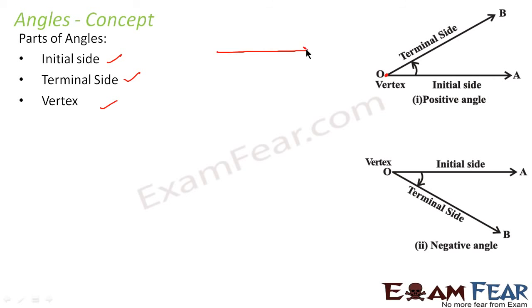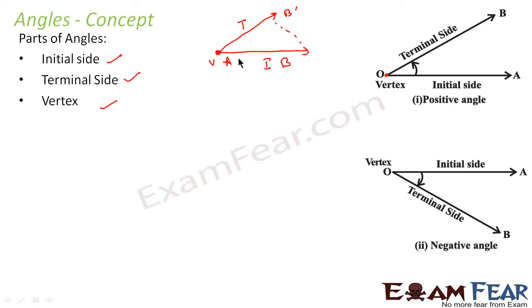For example, in the last slide we have seen this AB was the line. So this is the initial side. Now about the point A, we have rotated B to this point, that is B dash. So this is called terminal side, this is called initial side, and this point is called vertex.